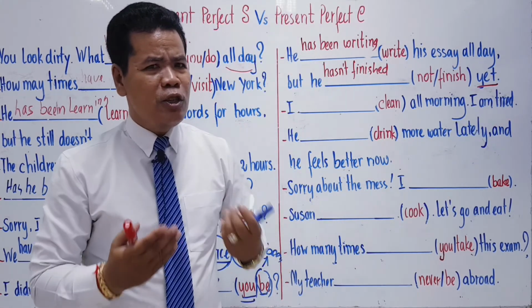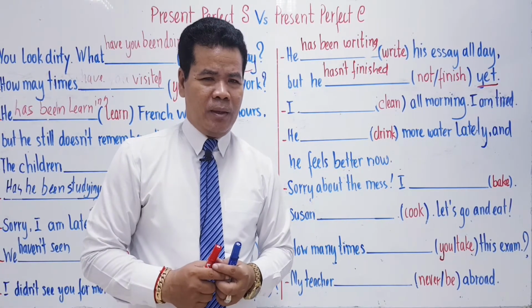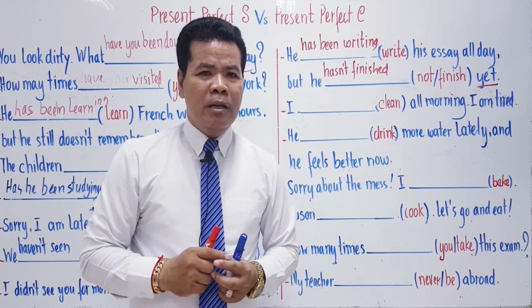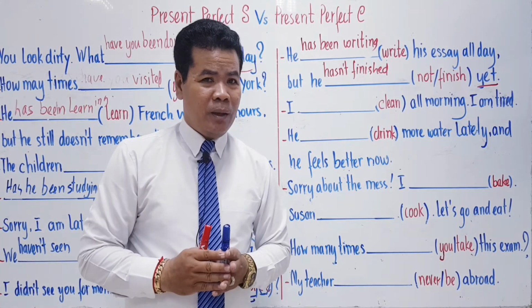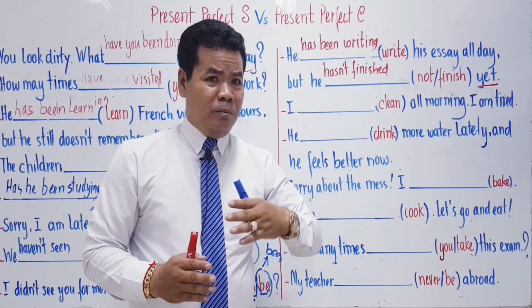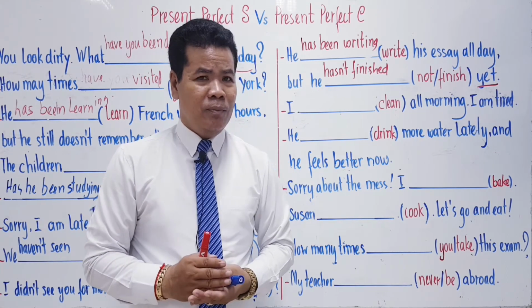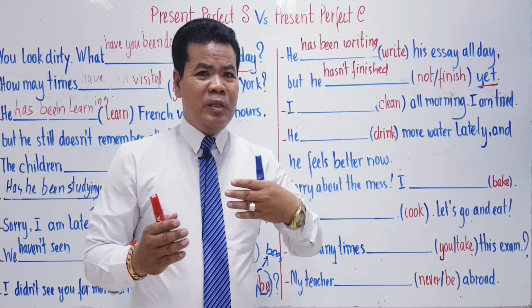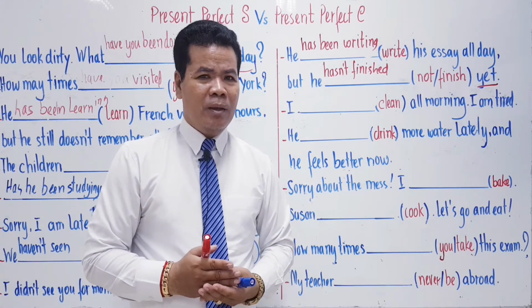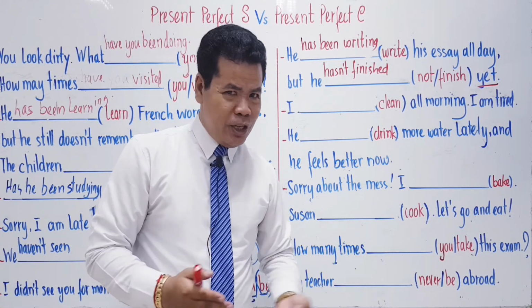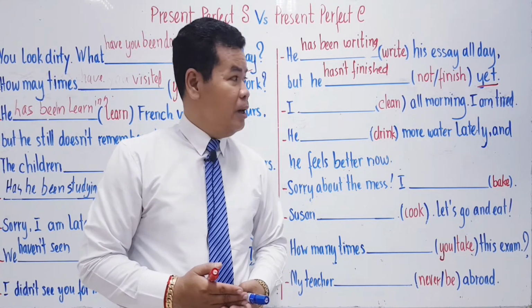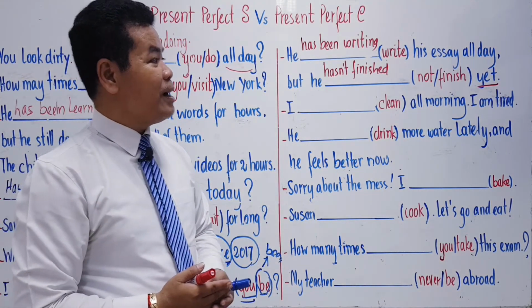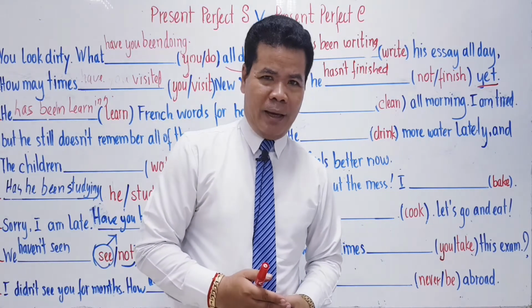What makes you tired? Try to think about that. What makes you tired? Because of doing housework? Because of digging in the garden? Because of teaching English? Because of swimming? It's not. Because of what? Because of cleaning all morning.